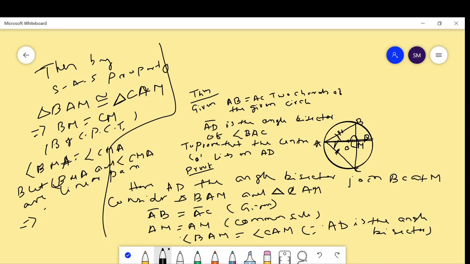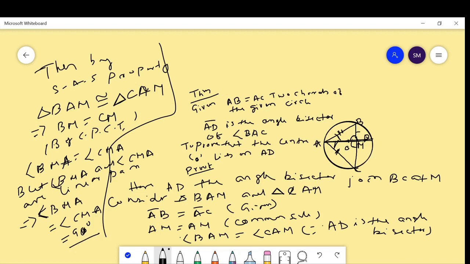Since they are a linear pair, the sum of their measures is 180 degrees, and they are both equal. This means angle BMA is equal to angle CMA, each 90 degrees.